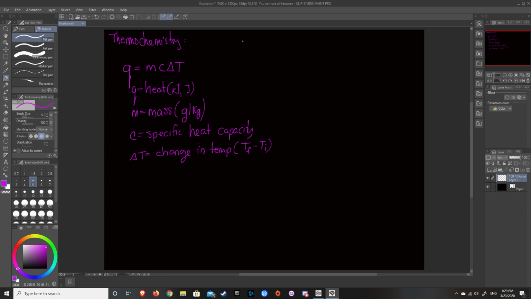So what is the specific heat capacity C? Give me a second, I want to make sure the definition that I wrote down is the exact right one.